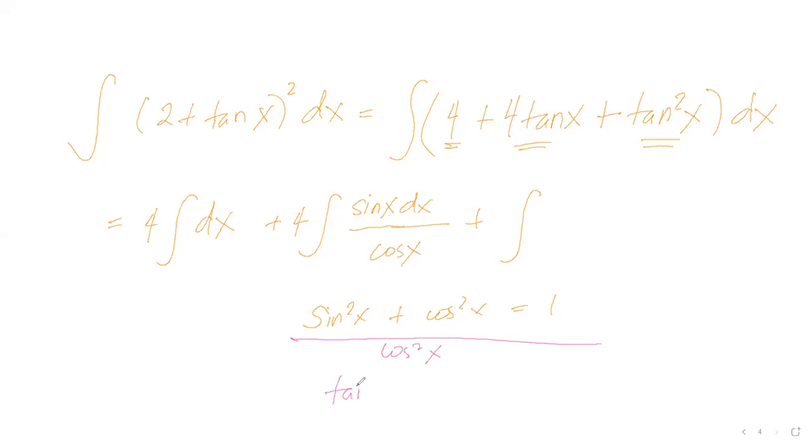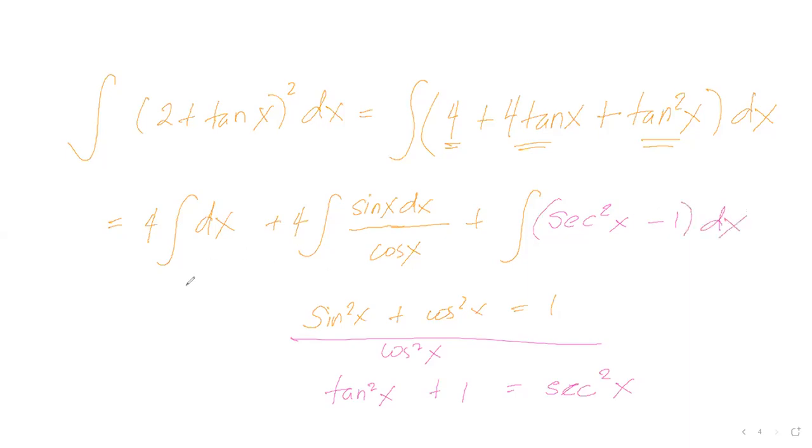So this is tangent squared x plus 1 is equal to secant squared x, since 1 over cosine squared is secant squared x. So you see what's wrong? It should be secant squared x minus 1. So I'll write here secant squared x minus 1 dx.